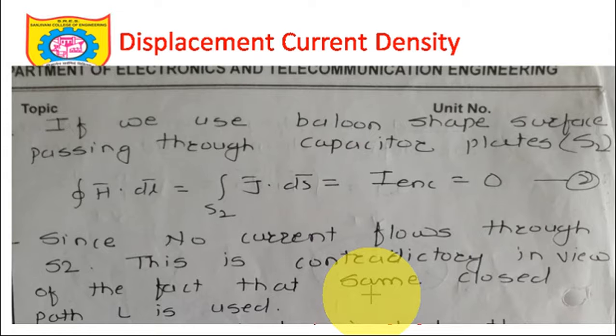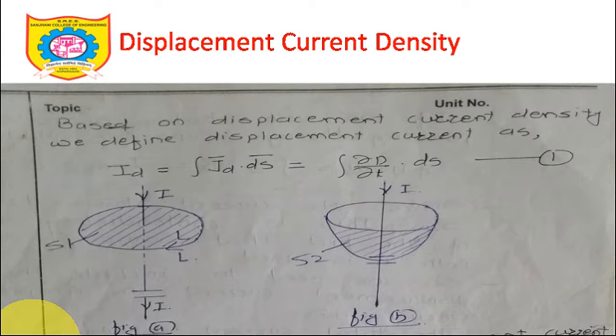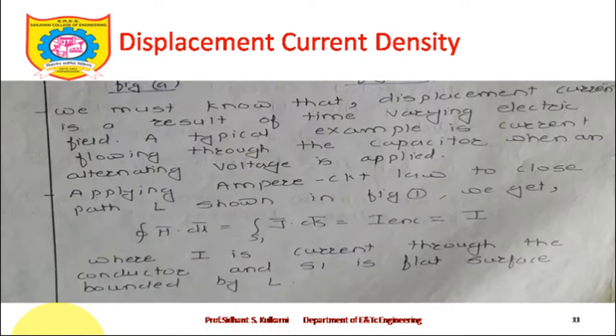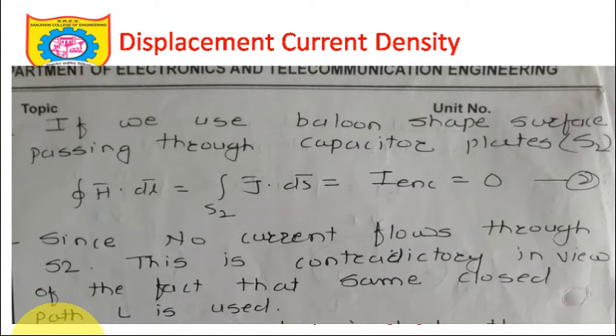Instead of setting the path S1, I have just set a different surface, but it has become 0. This is contradictory to the fact that current actually flows through the capacitor.